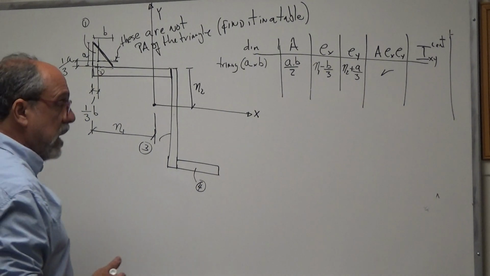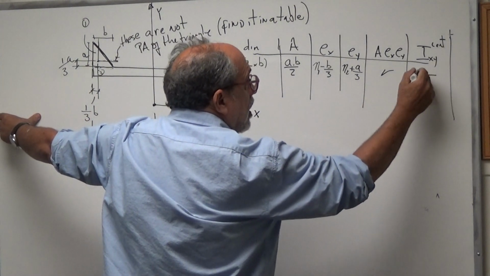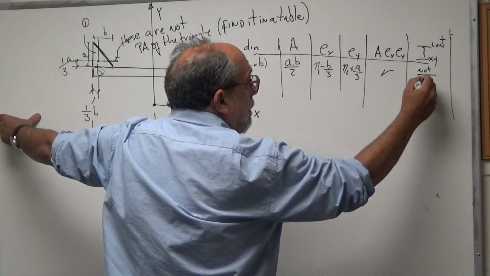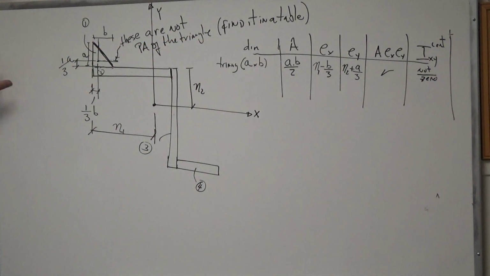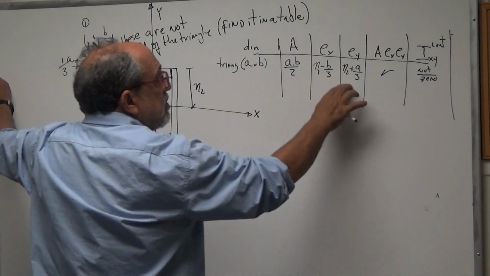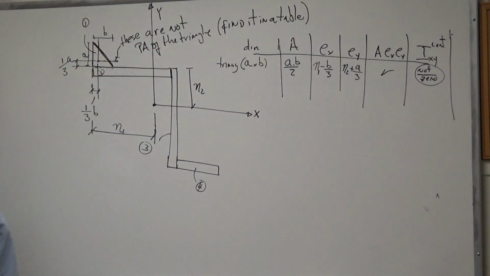But anyway, once you find the value, you put it here, not 0, right? Because the triangle does not have a 0 IXY. So the product of this times this times this goes here, and this is whatever the formula tells you is the IXY of that triangle about its own centroidal axis.